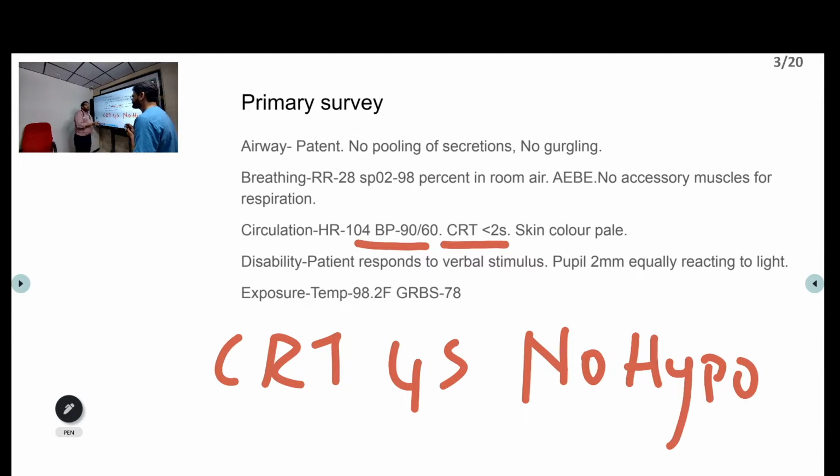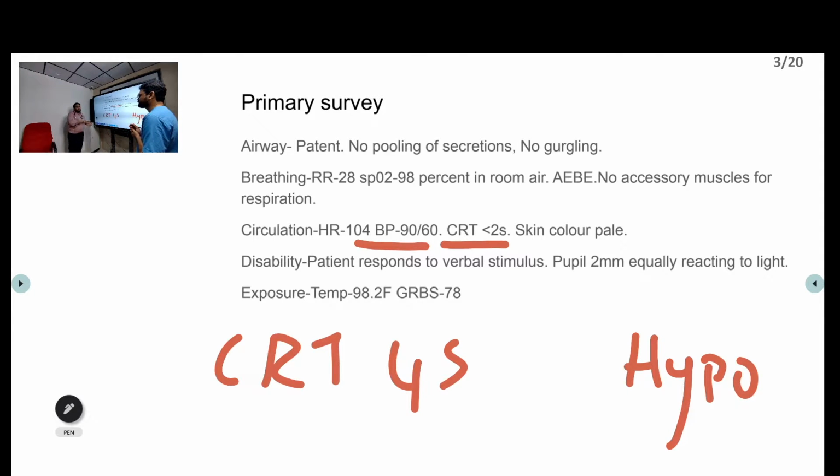This is compensated shock. If CRT is elevated, there is some issue with perfusion, but there is no hypotension. Suppose there is hypotension also, it is decompensated shock. We have to differentiate whether it is compensated or decompensated.